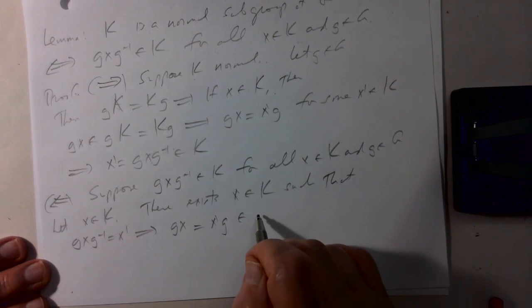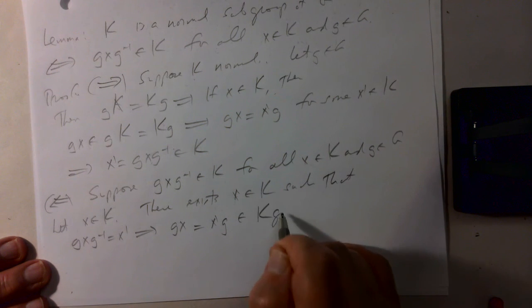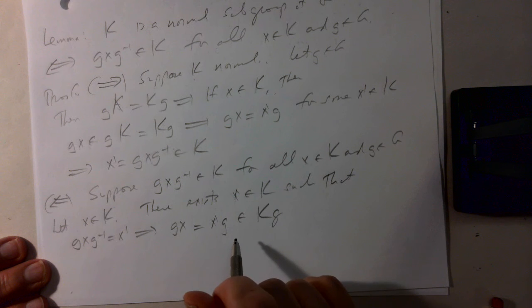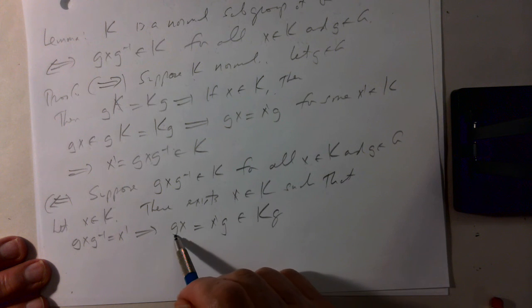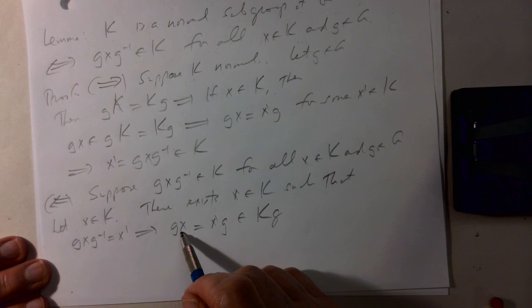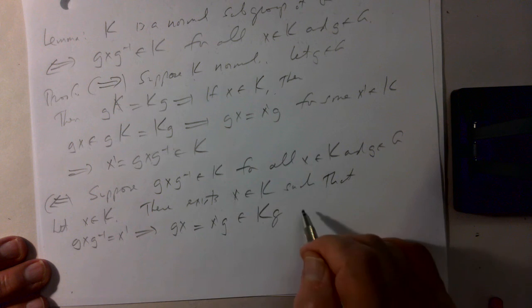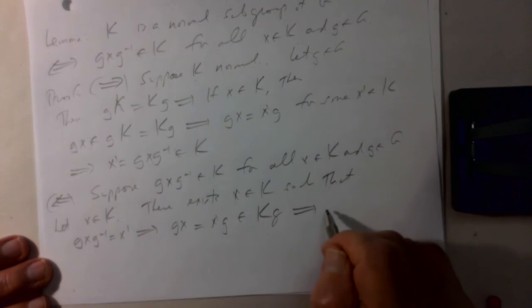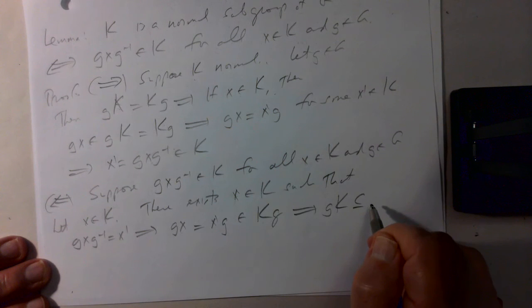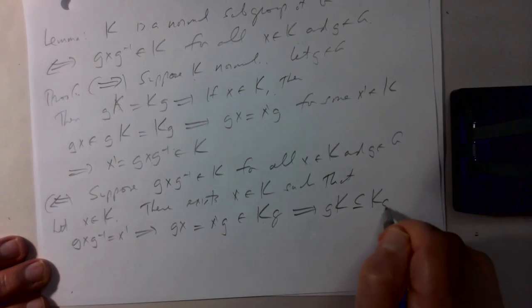This is an element of the right coset Kg. So for every g in the group and x in the subgroup, gx is in the right coset, which means in particular, the whole left coset is contained in the right coset.